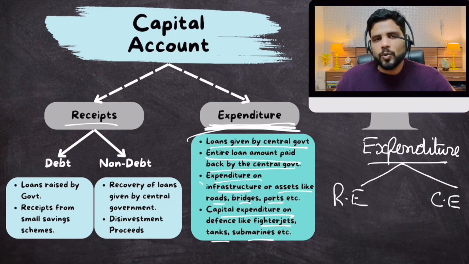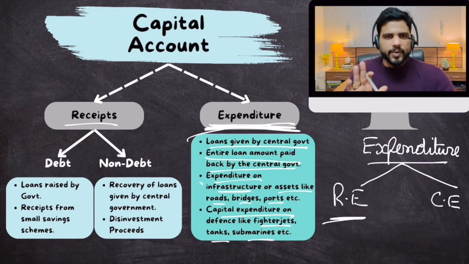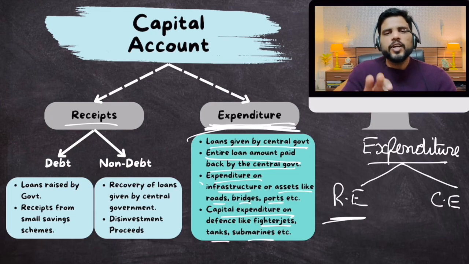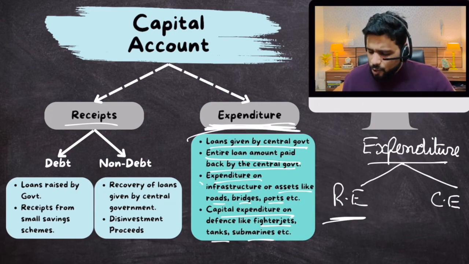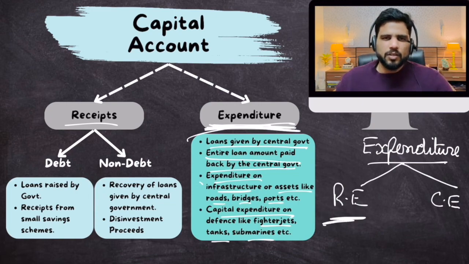Now, the answer to this question is, think about it though. The answer to this question is that revenue expenditure is, from an economist's perspective, okay? Not from other perspectives, from the point of view of an economist, who is concerned about the growth of the country. For them, revenue expenditure is wasteful expenditure. It is a waste of money. Clear? Yes, government has to spend money on law and order.